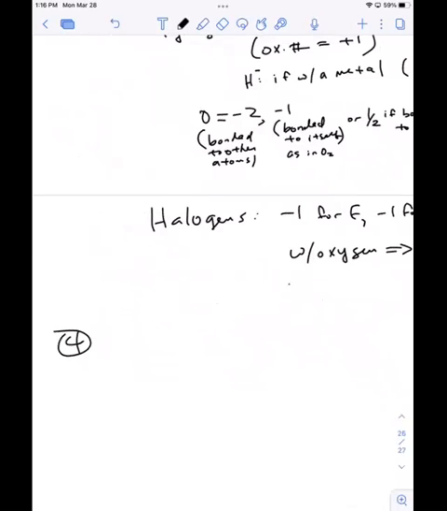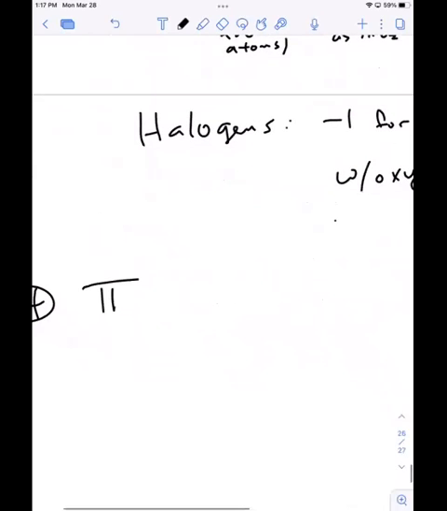If you have a polyatomic that has a charge, that charge is equivalent to the sum of the oxidation numbers of all the atoms in that polyatomic or in that molecule. Let me start with the charge.